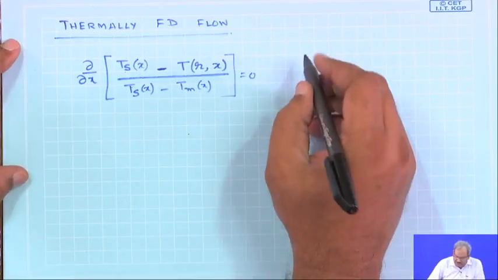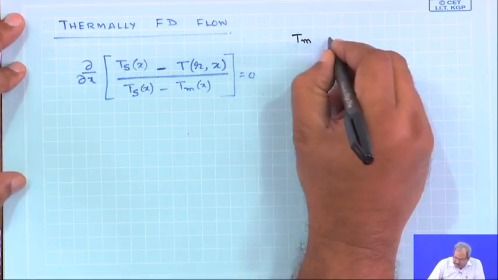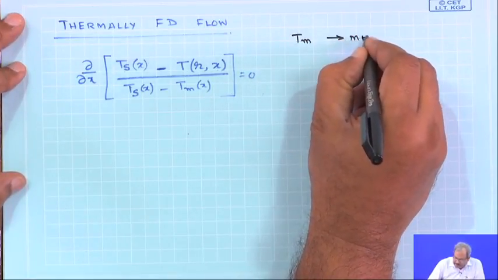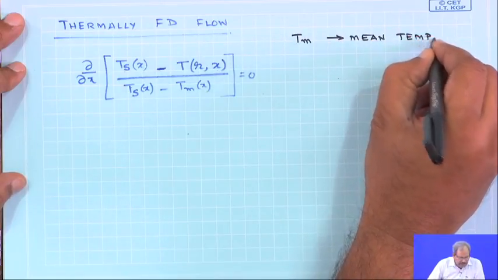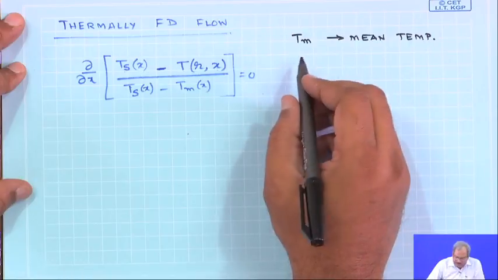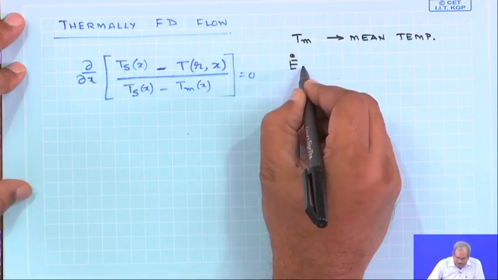What is Tm? Tm is the mean temperature of the flowing fluid, and the way Tm is defined is the total energy which is transported by the fluid.